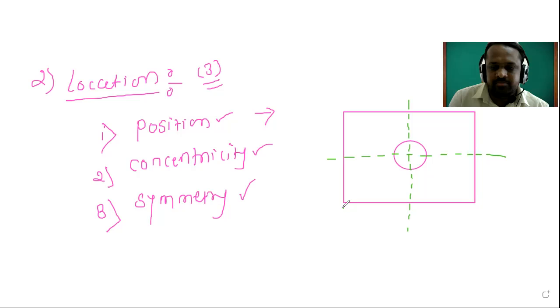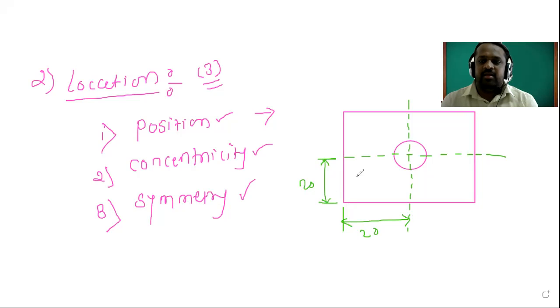For example, this distance is 20, and again this distance is 20. So this is the center point for this circle.